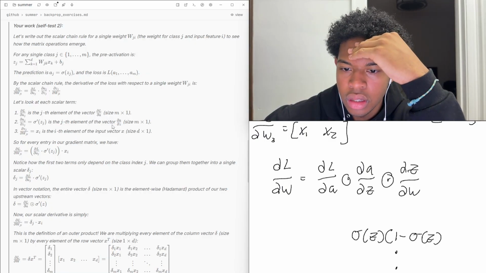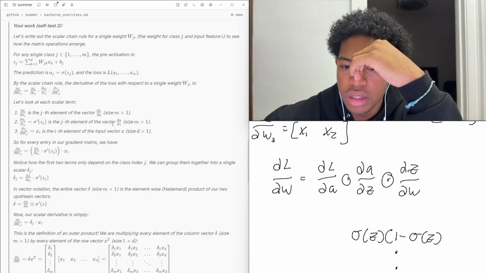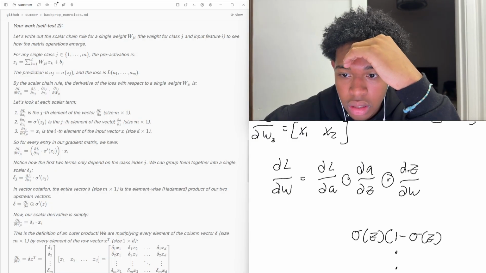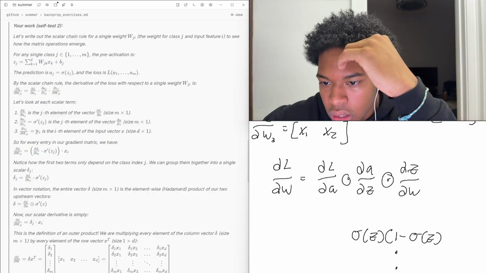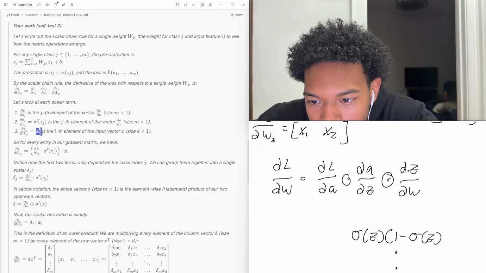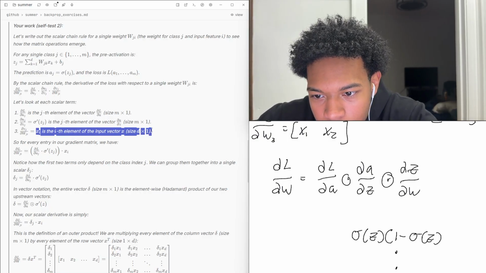Then z with respect to W, that's x_i. x_i is the ith element of the input vector X of size D by 1. Sure, but that's not coherent.